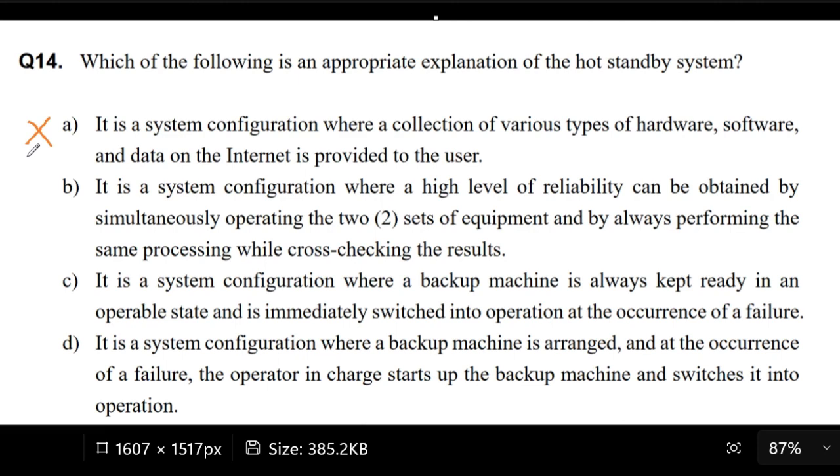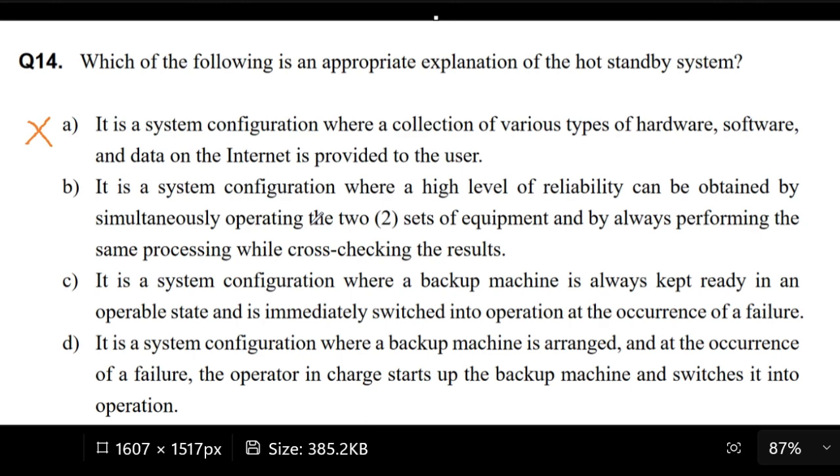So let's move on to the letter next to it, which is letter B. It is a system configuration where a high level of reliability can be obtained by simultaneously operating the two sets of equipment and by always performing the same processing while cross-checking the results.